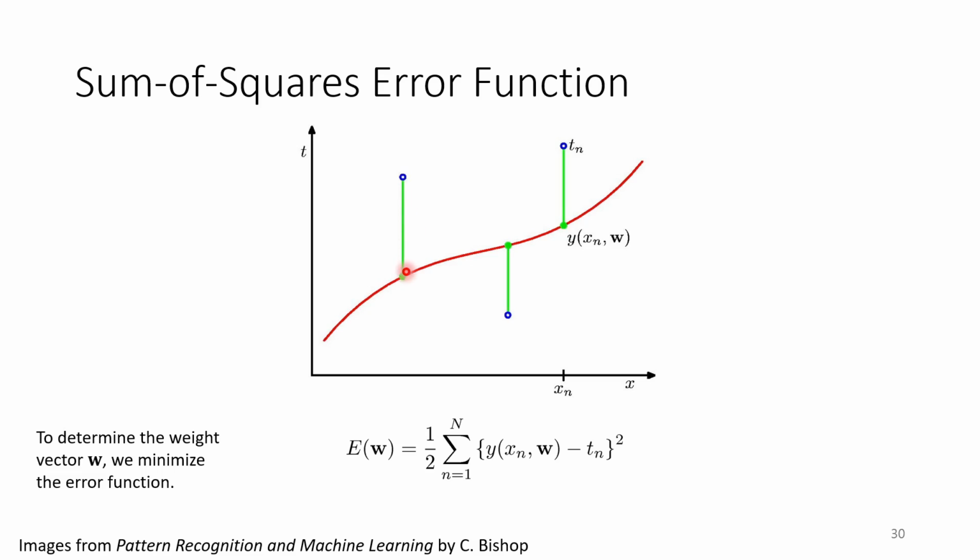It will be written as the difference between the observed value and its predicted value. We sum those error terms up with a square. This is the sum of squares error function, right?